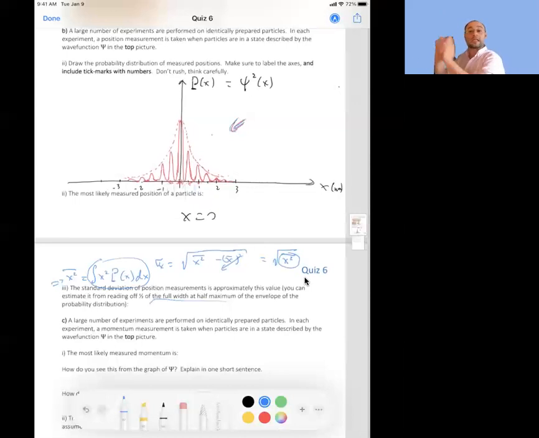It's not obvious, I'm just telling you to do that. And second, you can extract the standard deviation by going to half of the maximum, looking at the width, and dividing by 2. That's not true for all distributions, but if it's a Gaussian, it's very closely true. We saw that in yesterday's lecture.